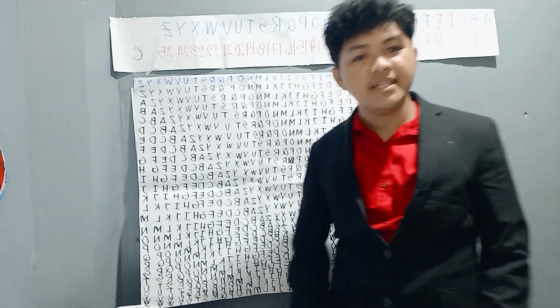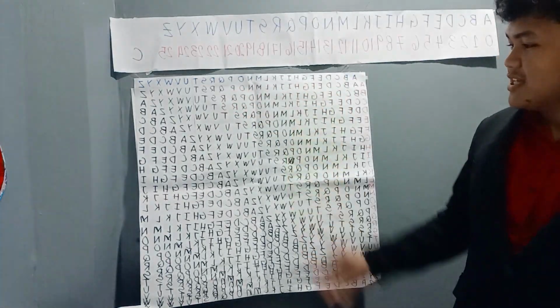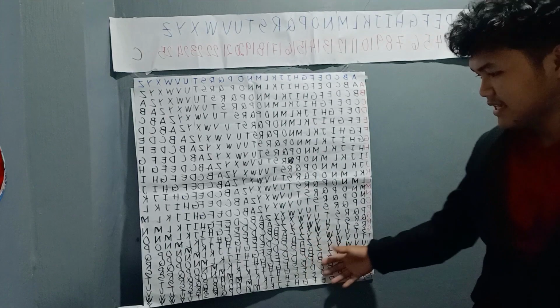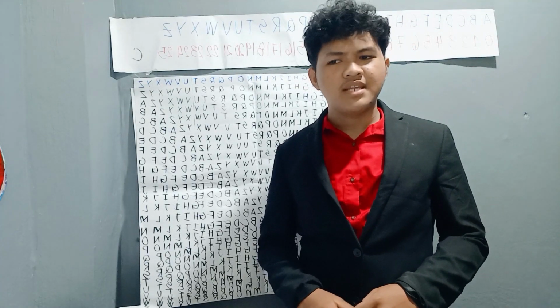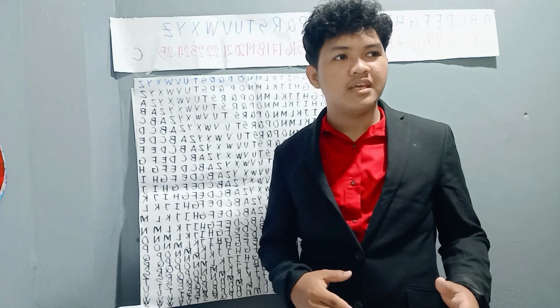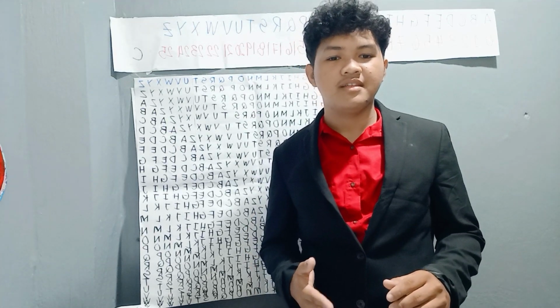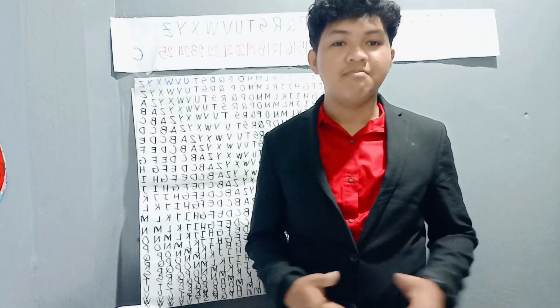So poly means many and alphabet, so many alphabets. Here in Vigenère cipher, just like Caesar cipher, we shift the letter based on the keyword that was given.